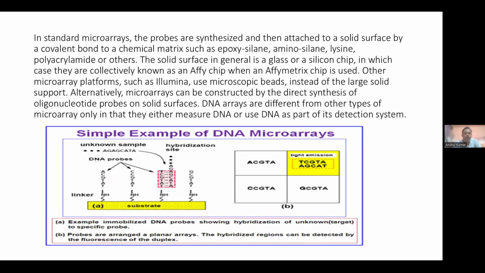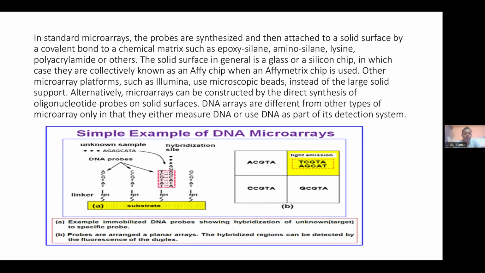Now, in standard microarrays, the probes are synthesized and then attached to a solid surface by covalent bond to a chemical matrix such as epoxysilane, aminosilane, lysine, polyacrylamide, or others. The solid surface in general is a glass or a silicon chip, in which case they are collectively known as Affymetrix chip. While other microarray platforms such as Illumina use microscopic beads instead of the large solid support.